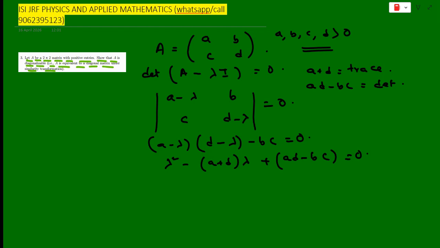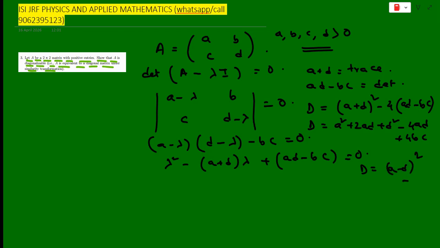The discriminant capital D is (A plus D) whole square minus 4 into (AD minus BC). Simplifying, D equals A square plus 2AD plus D square minus 4AD plus 4BC, so D equals (A minus D) whole square plus 4BC, right?